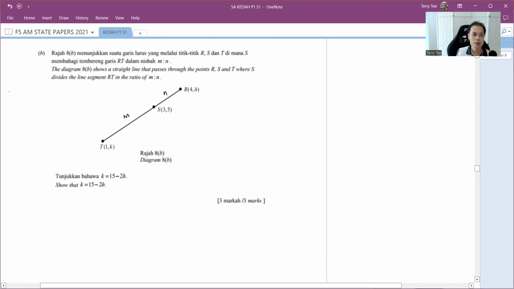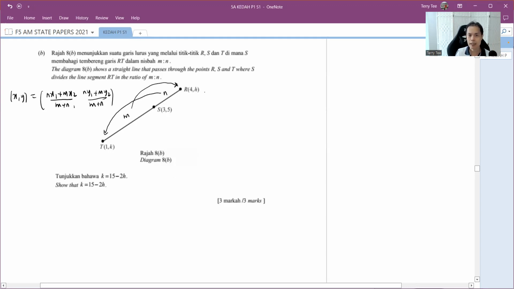The ratio theorem is given as (nx1 + mx2) over m plus n, and likewise for y1 and y2. You don't really need to memorize the formula. The most important thing to understand is that the ratio and the coordinate must be opposite. For example, n here, I must multiply with the coordinate on the left, and m here, I must multiply with the coordinate on the other side.